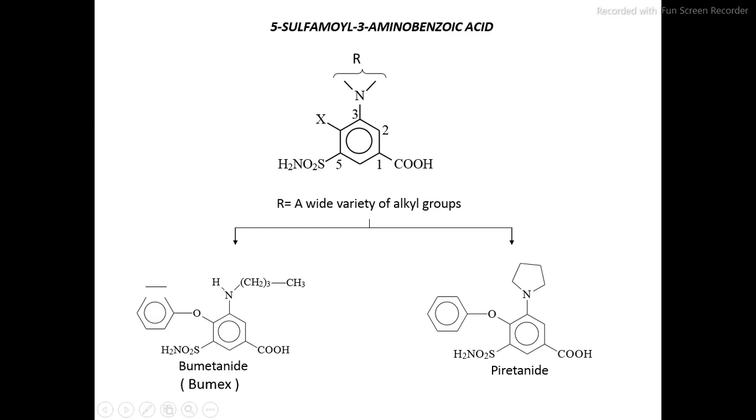Research on 5-sulfamoyl anthranilic acid at a laboratory in Germany showed greater effectiveness as a diuretic, and it produced a series of various substituted derivatives of furosemide.